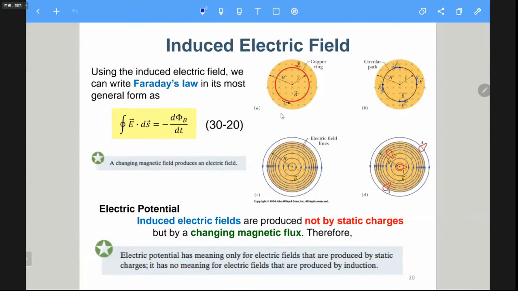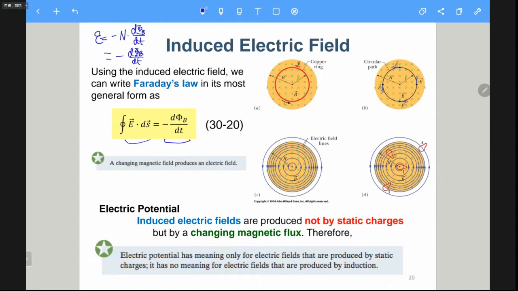So here we talk about the general form of Faraday's law. For Faraday's law, just now we only mentioned that E equals negative N times d phi B dt, or sometimes we ignore the N. More generally, on the right side we still have this term, but on the left side we make it a line integral.